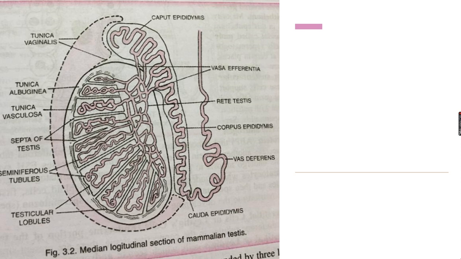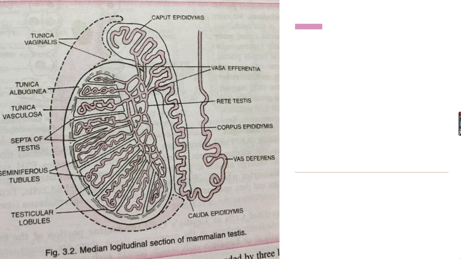When seminiferous tubules combine together, they come out in the form of rete testis, and then rete testis joins to form the epididymis, the epididymis joins to form the vas deferens, and then the ejaculatory ducts, and then comes out the urethra.